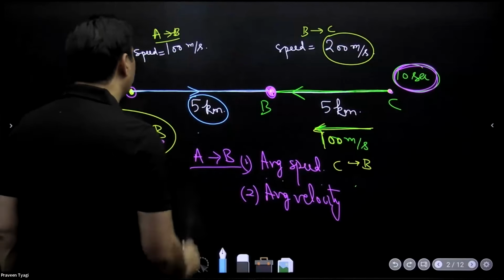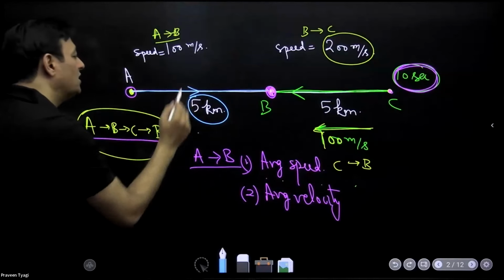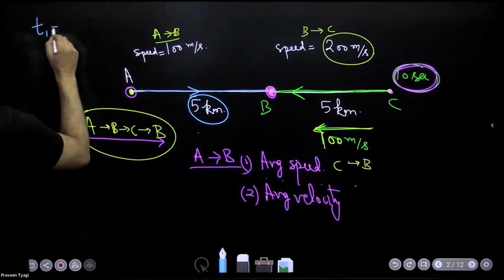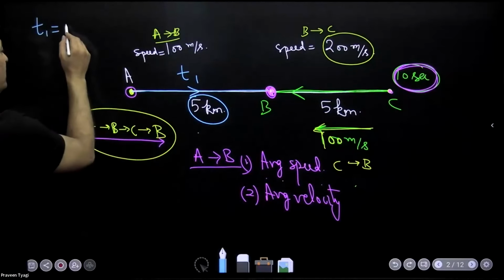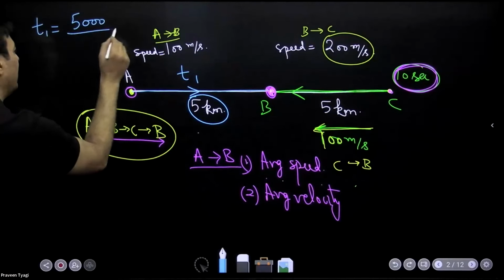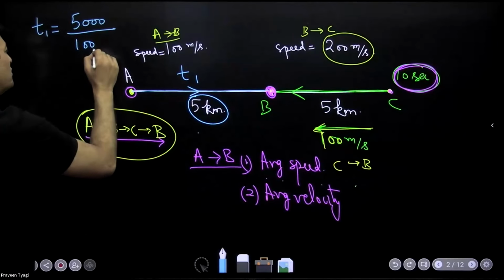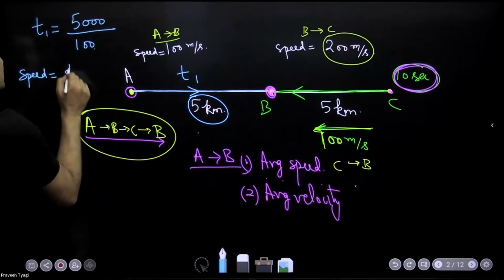From A to B, what is the time taken? My speed was 100. So if this time is T1 while going from A to B, T1 would be 5,000 meters divided by speed, which is 100. Time is distance upon speed. We know this formula. Speed is equal to distance upon time.